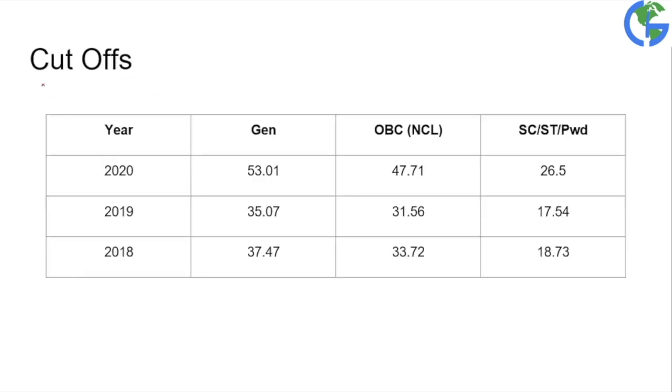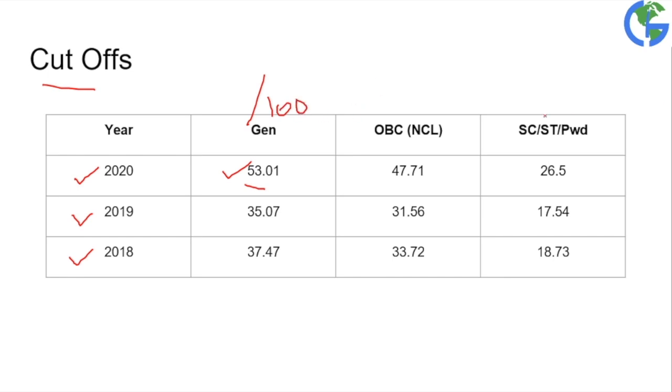Now let us look at the cutoffs of a few previous year papers and get some idea about the paper. So see, I have gathered information for the last 3 years, so that is enough for us because we get an idea about the cutoffs. For the general unreserved category, this year's 2020 paper was a bit easy, so the cutoff went high. It was 53.01 for general. These marks are out of 100, right?